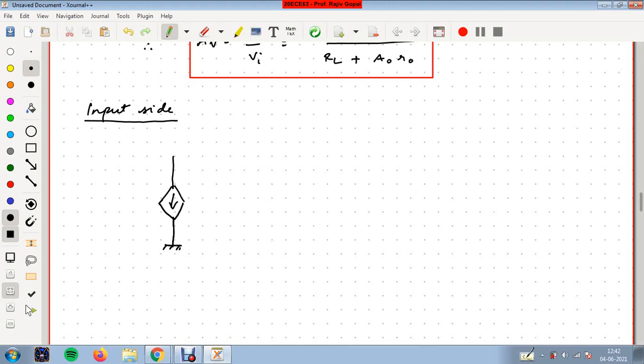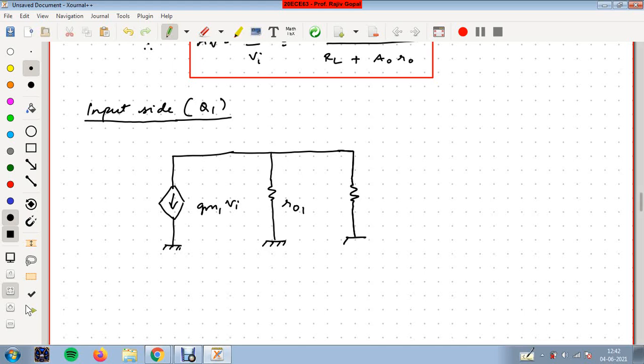This is ground. This is gm1 Vi. Remember, this is the input side. Input side means Q1. Here you have R01, and here you have R into. This was V01. If you remember, this was ground, and here you had Vi.